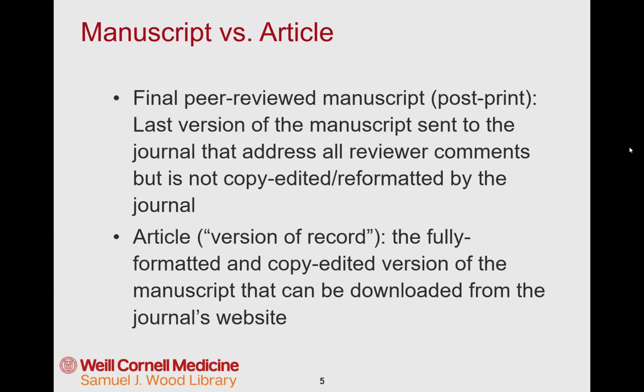So one of the things that I've mentioned already is this concept of what a manuscript is. And the NIH policy dictates full, final peer-reviewed manuscripts. What they mean by that is essentially the last version of the manuscript that gets sent to the journal that has taken into account all of the reviewer comments and has not yet been glammed up, cleaned up, copy edited, had new graphics made, and things like that for the journal.